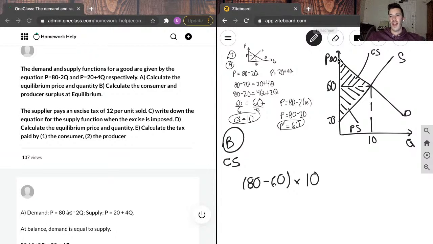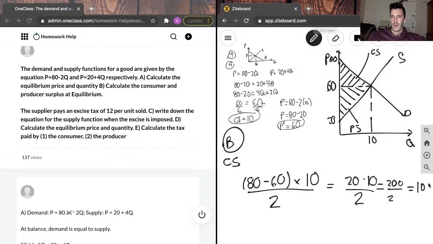And if we just left it at that, we would calculate the area of this entire box, but because it's a triangle, we need to divide it by 2. So our consumer surplus is then going to be 80 minus 60 is 20 times 10 over 2. It's going to be 200 over 2. So our consumer surplus is going to be 100.